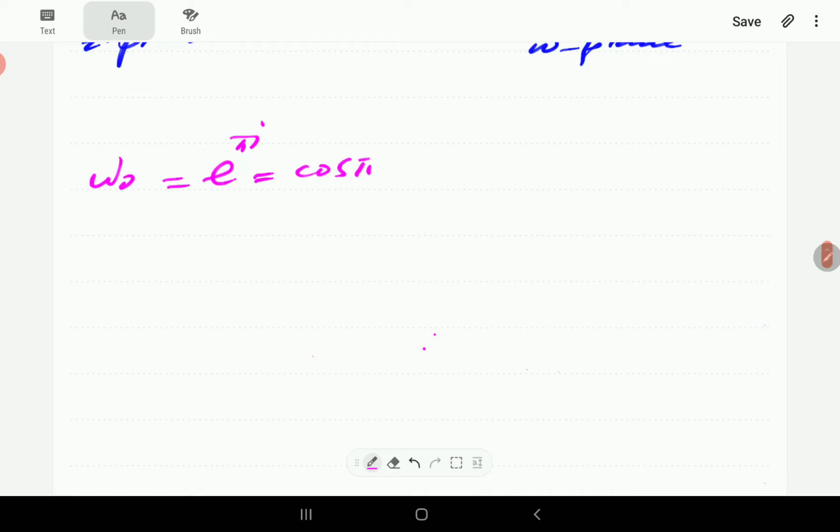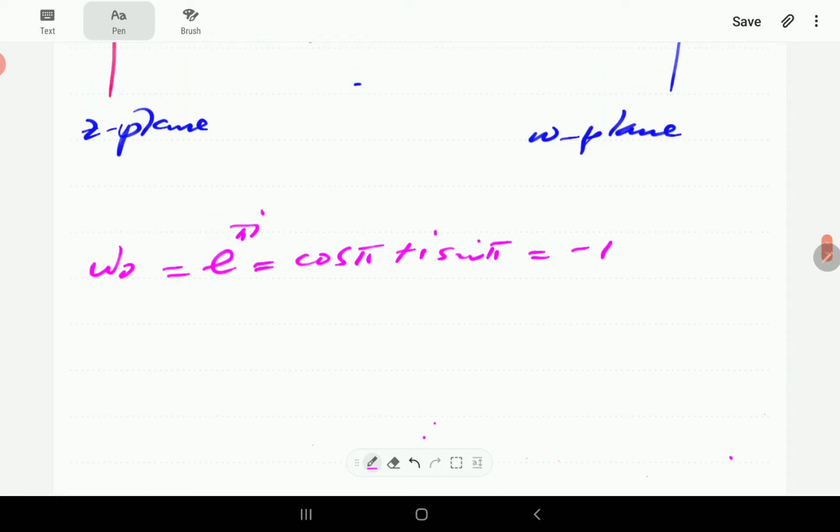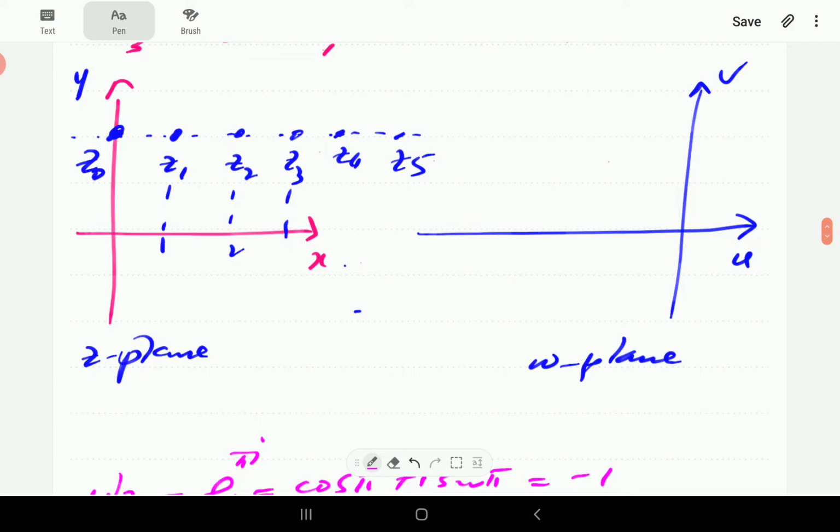Just in case you need a refresher on this, it's cosine pi plus i sine pi. Cosine pi is -1, sine pi is 0, so that's simply -1.